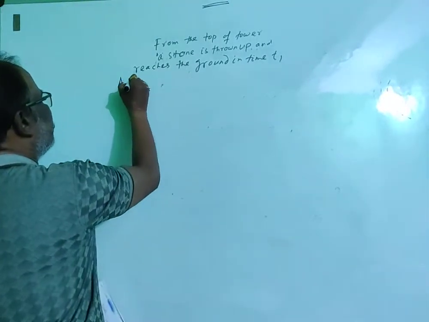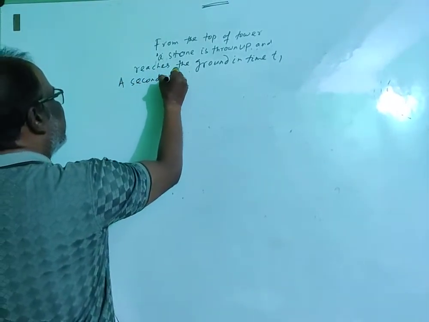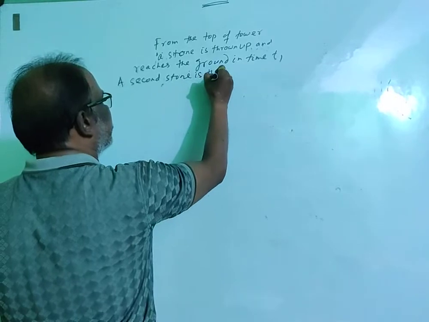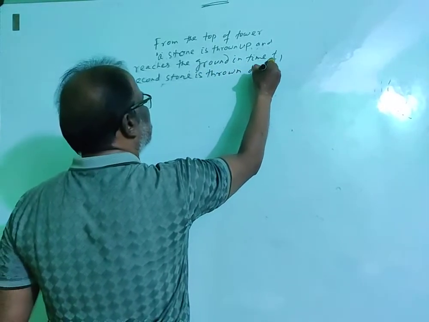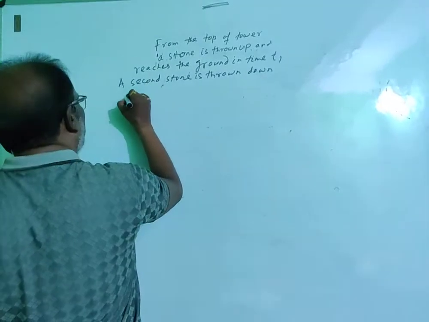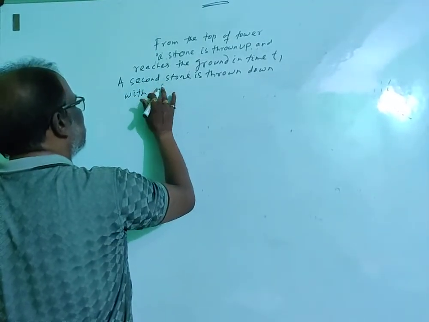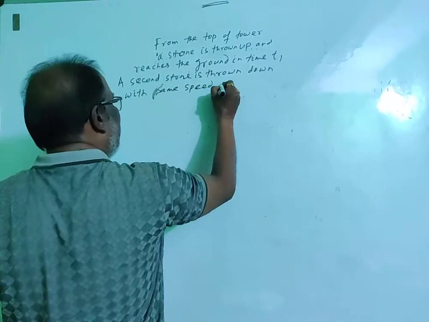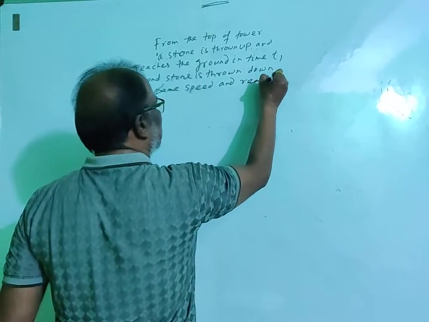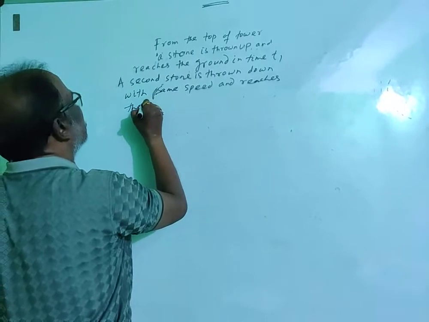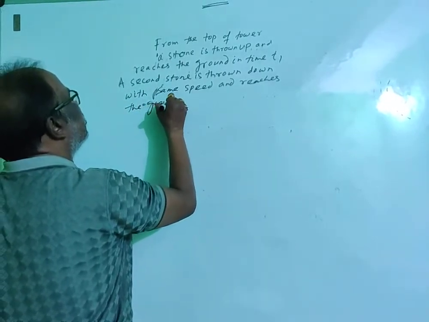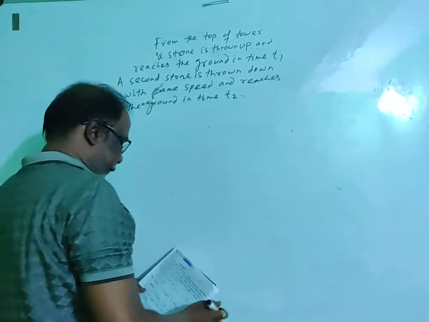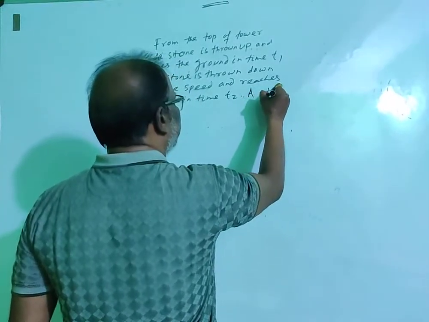A second stone is thrown down with same speed and reaches the ground in time t2.